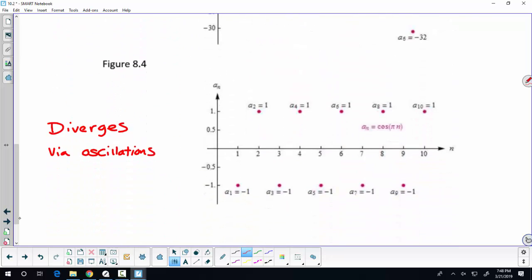Is that going to be common with most oscillating functions? I guess as long as an even function is either positive or negative, and the odd is the opposite, that's a safe assumption.